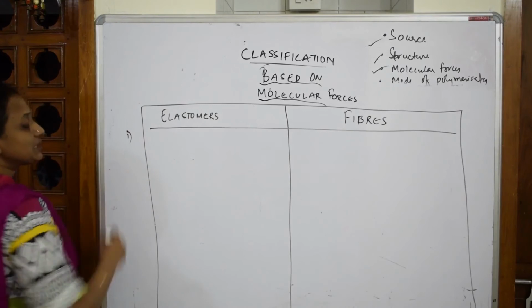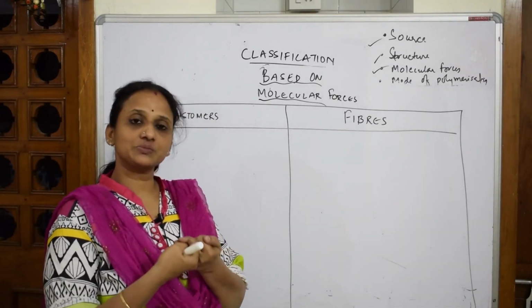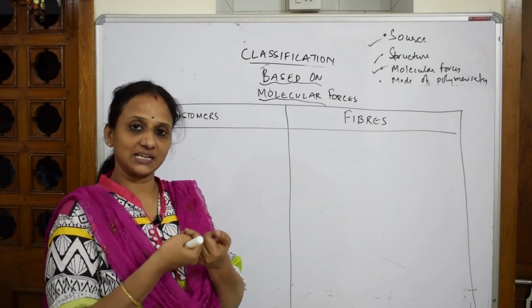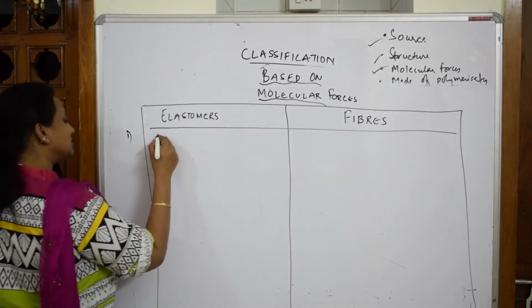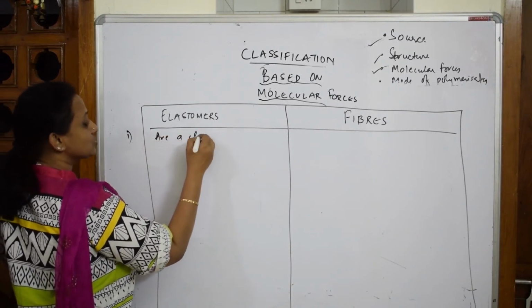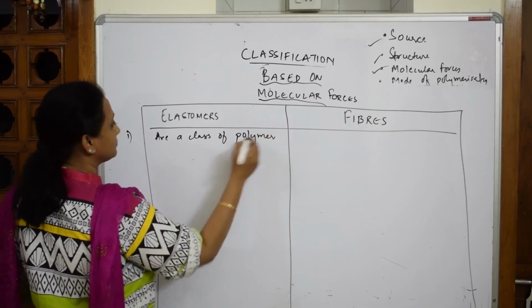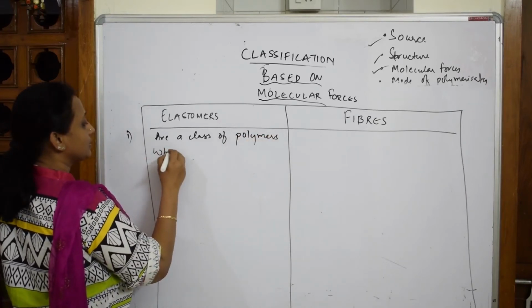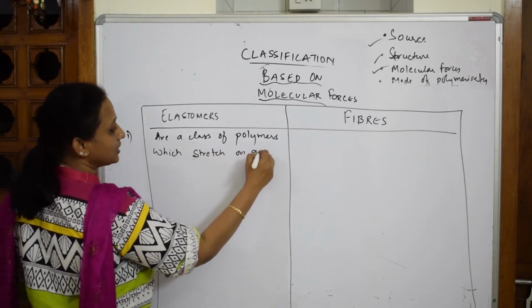When I have to speak about elastomer properties, how do they vary? We very well know elastomers have the nature of elasticity, a stretching character, isn't it? So elastomers are a class of polymers which stretch on applying force.